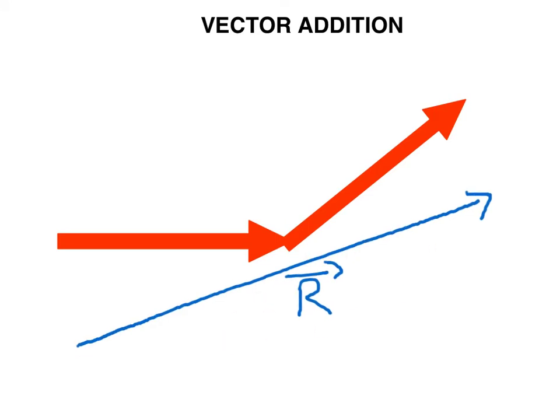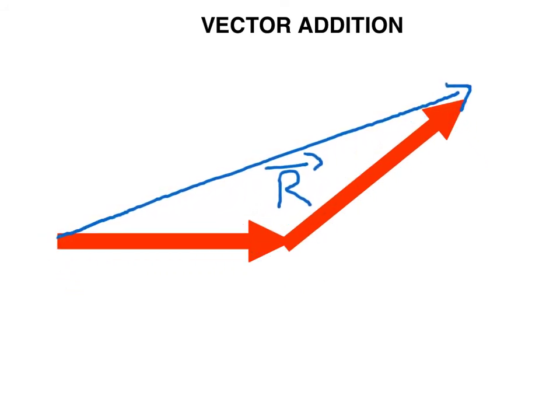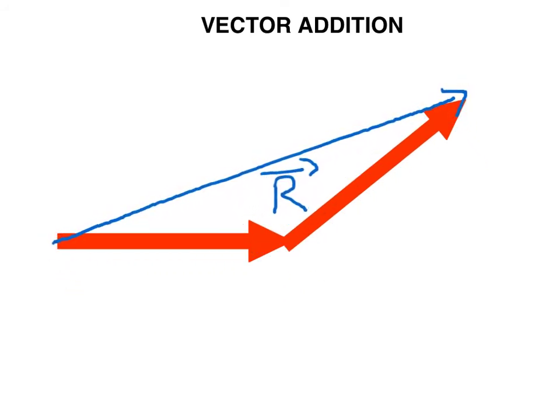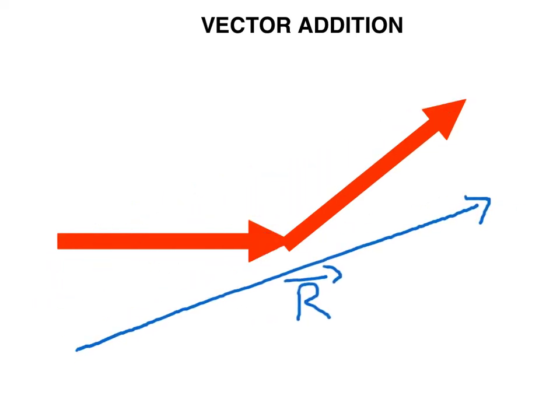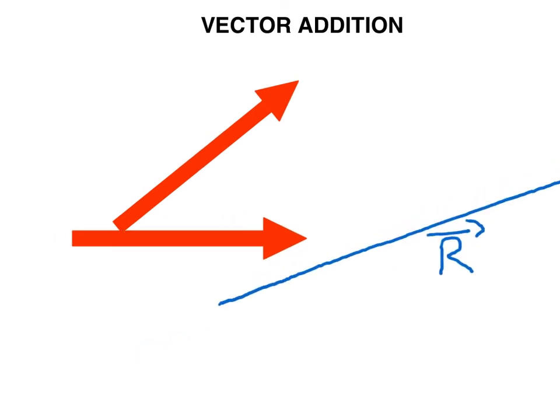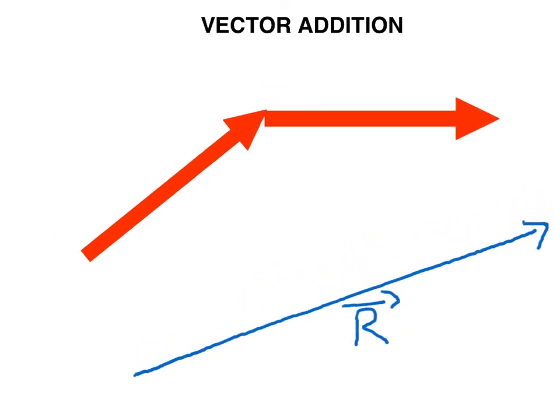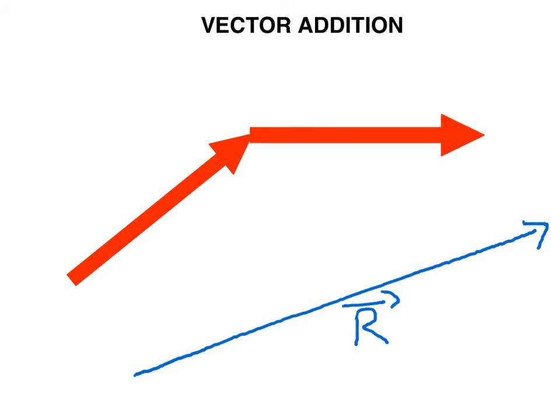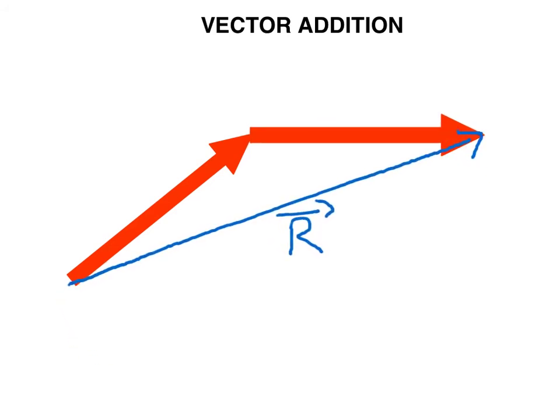So now it still fits. It doesn't matter what order I add the two vectors in. This resultant is always going to be the vector sum of the two. So if you had 3 vectors, this would work with 3 vectors too. Doesn't matter what order you go in, the vector sum is always the same.